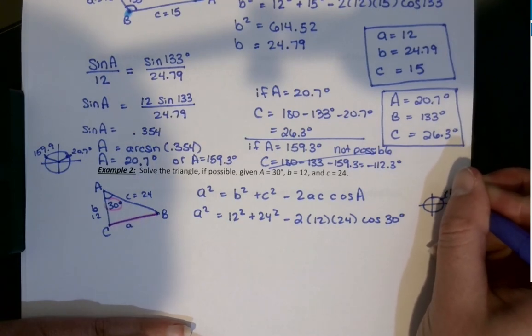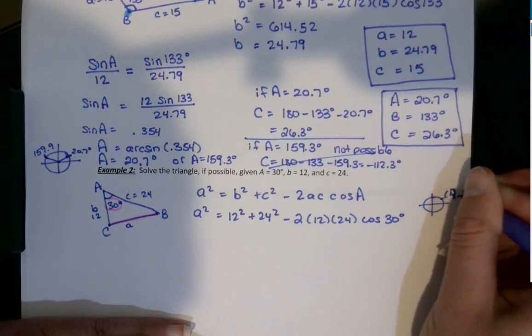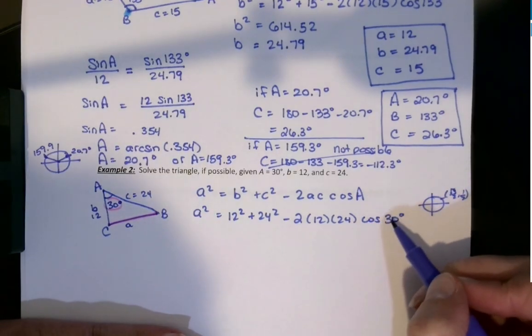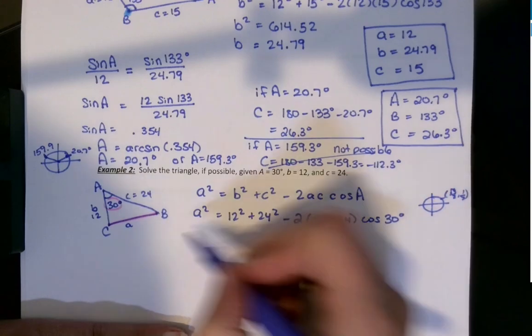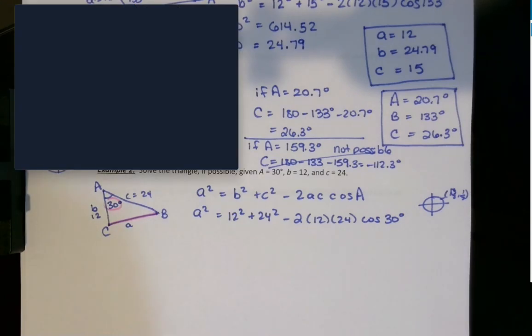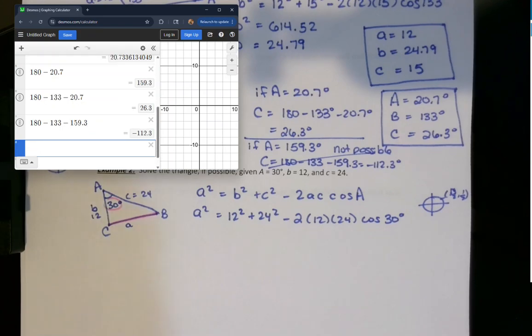This ordered pair would be root 3 over 2 comma 1/2. And so if I needed it exact, I could work with the root 3 over 2 here, but it's going to be messy. We're just going to go ahead and use the decimal version of it in this problem. And if you did need to do it exactly, you could, but it's going to involve square roots of square roots, so it's a little messy.